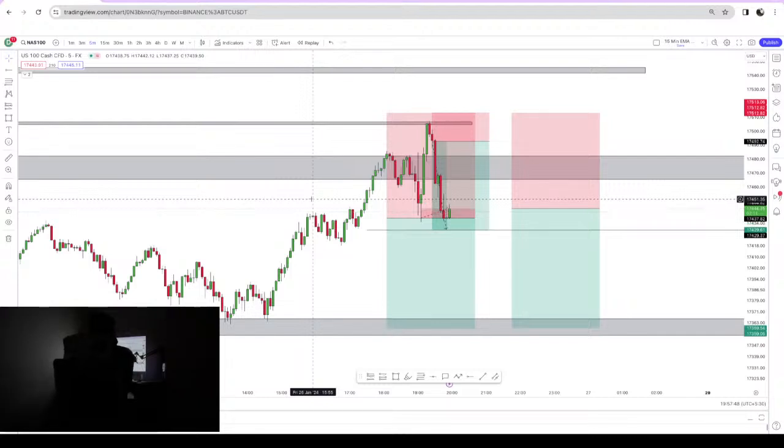Go with The Funded Trader. And if you are outside India, then you can go with FTMO.